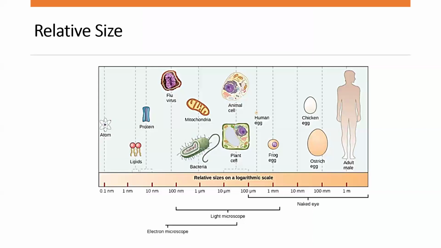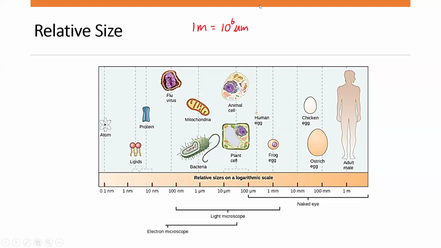So how big exactly is a cell? Well, a cell on this scale is measured in micrometers, by the way. In case you forgot, 1 meter is equivalent to a million, 10 to the 6, micrometers.